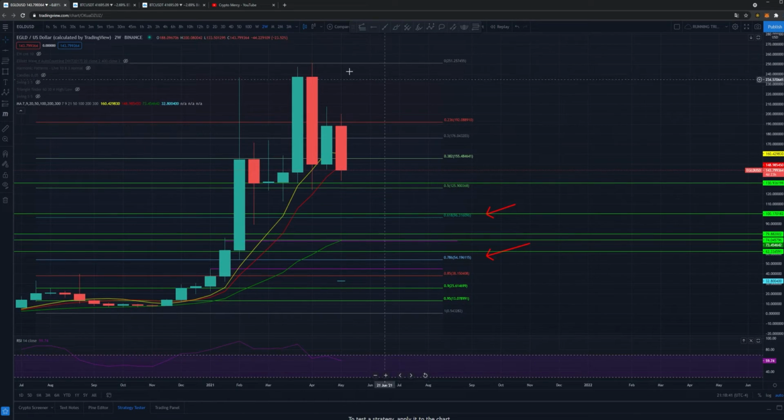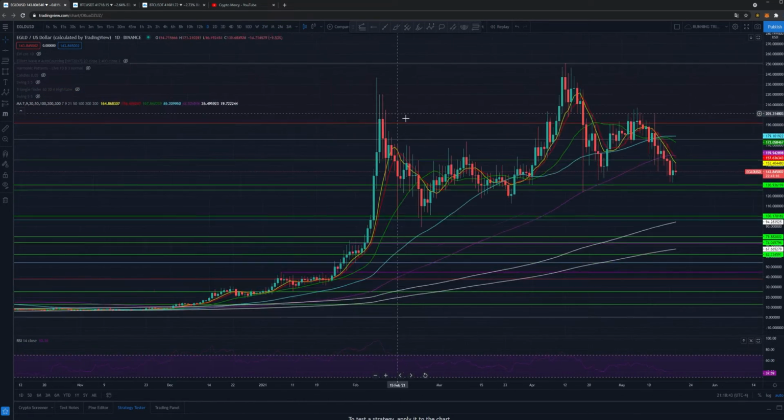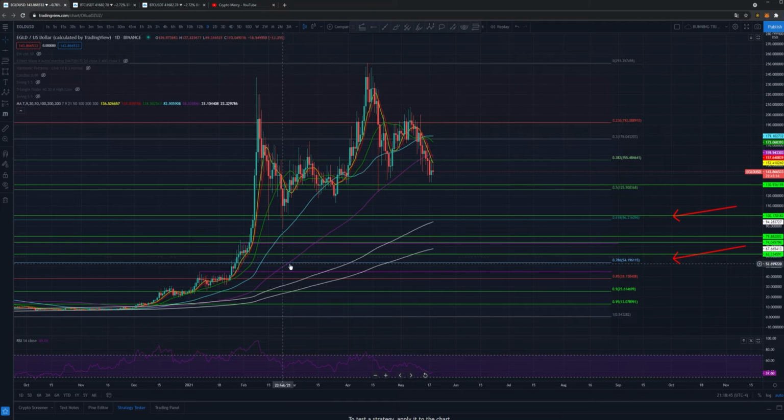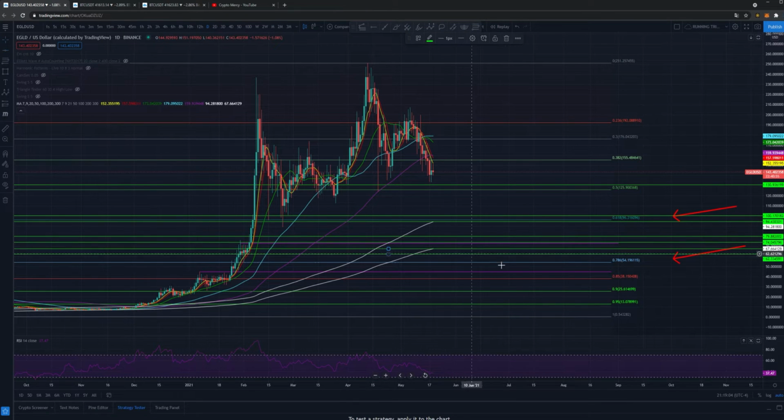And I think now, if you are taking a look at the structure of Elrond, you will see the shoulder here. You are seeing all the Fibonacci, all the strong moving averages that are giving us support. And you can figure out with all this where the biggest support is.